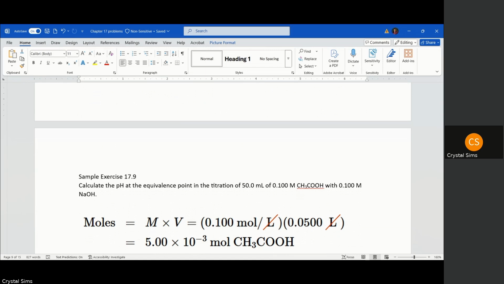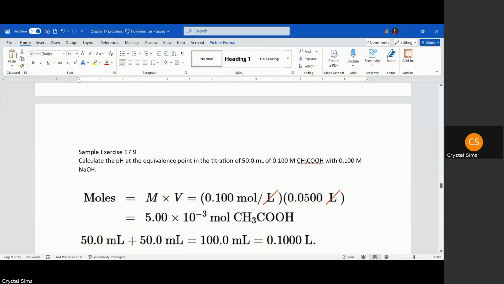So that's not something we have to guess. We can look at that titration curve and determine how much sodium hydroxide we're going to need. So the volume then of the solution at the equivalence point is the sum of the acid and the base, which in this case is going to be 100 milliliters.